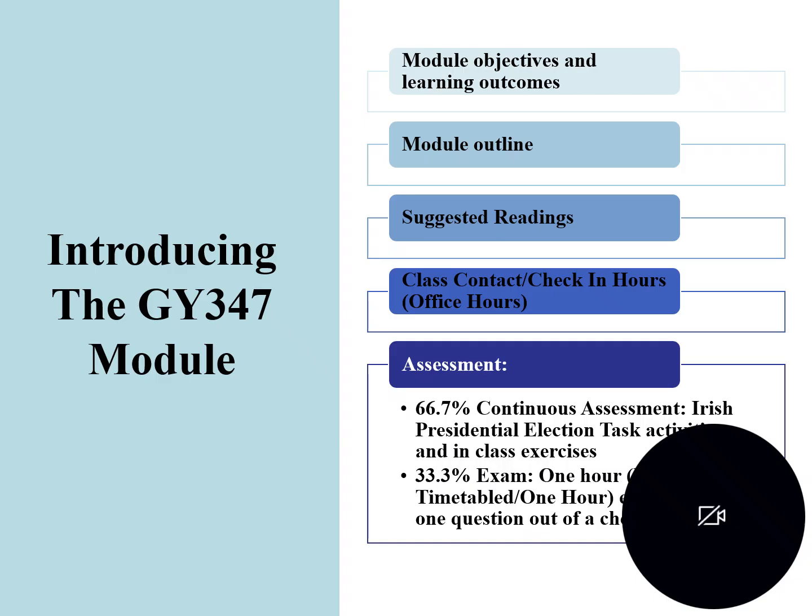The last thing I'll say about the exam is that if you do well in continuous assessment, you should be coming into the exam either already having passed the module or being very close to having passed, because continuous assessment accounts for two-thirds of the module mark. So here's some mental arithmetic for you.